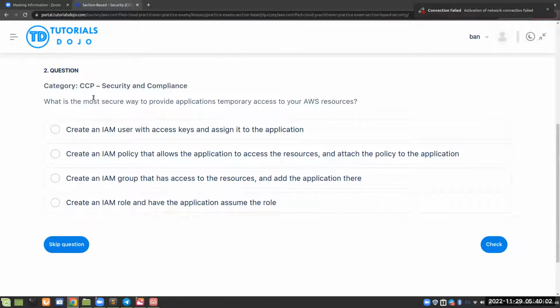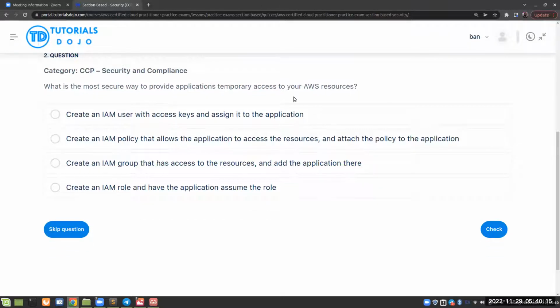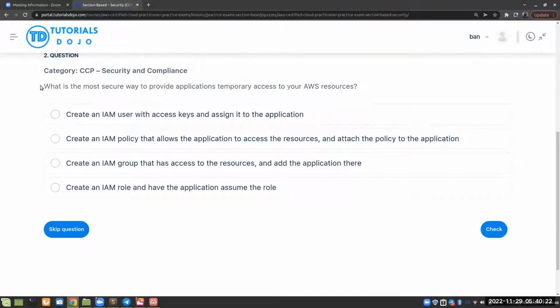So this question will go to you, Leslie. What is the most secure way to provide applications temporary access to your AWS resources? So what's key in this question? What are you looking for?